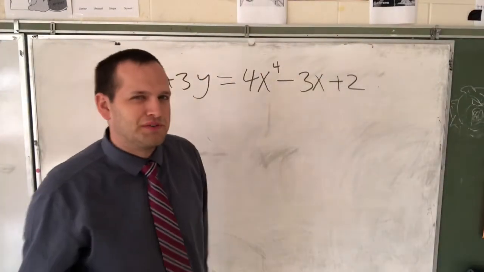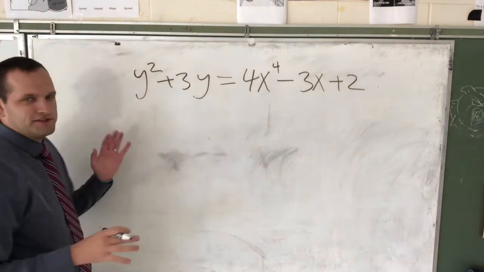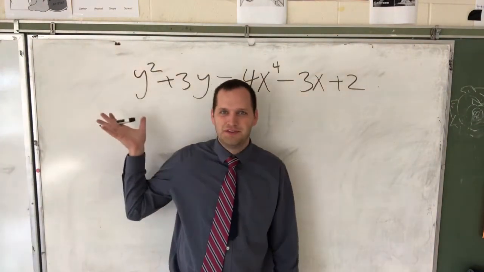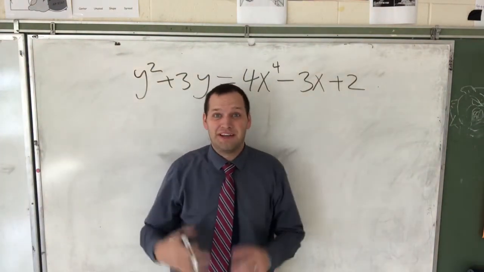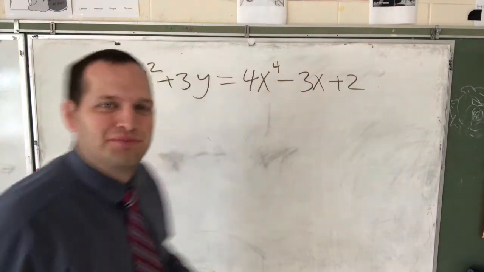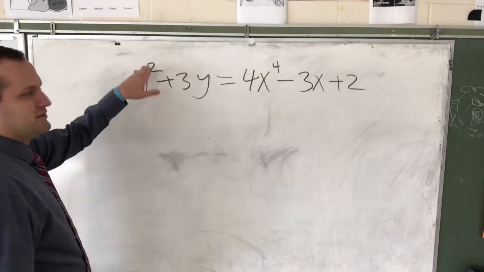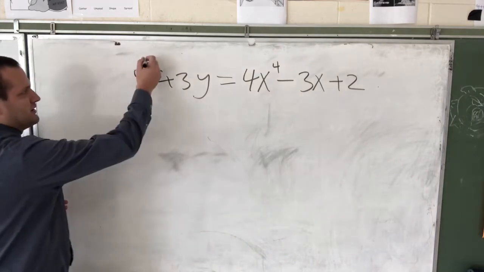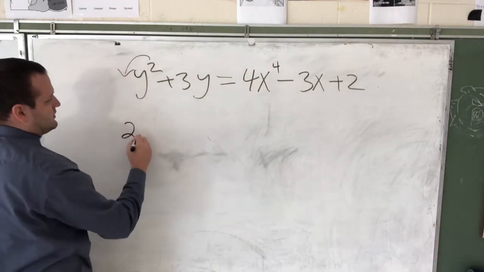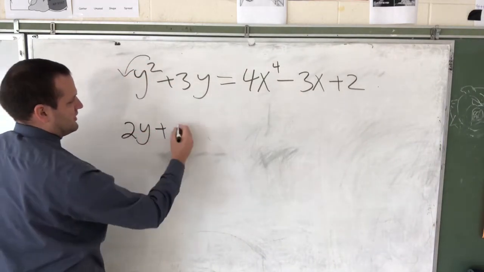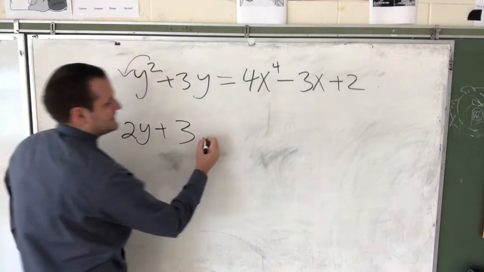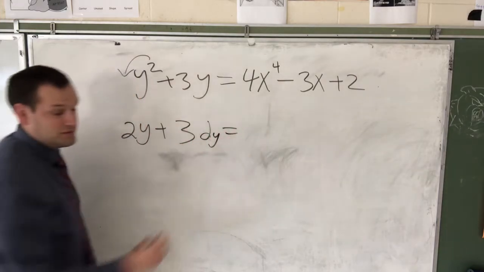All right, here's a little bit more of an intense version. We've got the derivative of y and we've got the derivative of x. Well, you just do it the same way we've been doing it. So we've got y. How do you take the derivative of y squared? Well, you bring the 2 down. That gives me 2y plus 3 dy, because we just took the derivative of y.